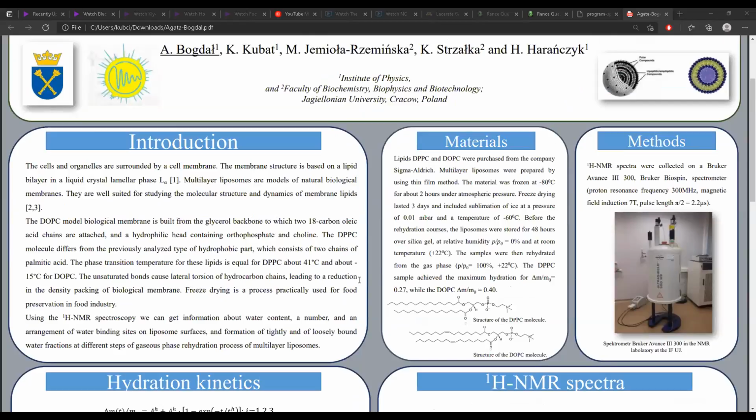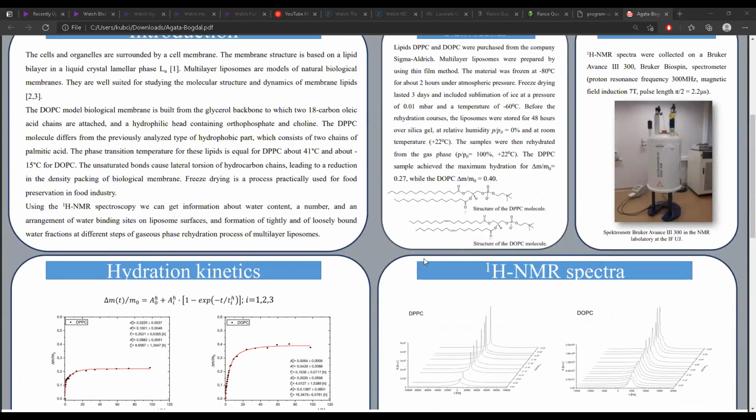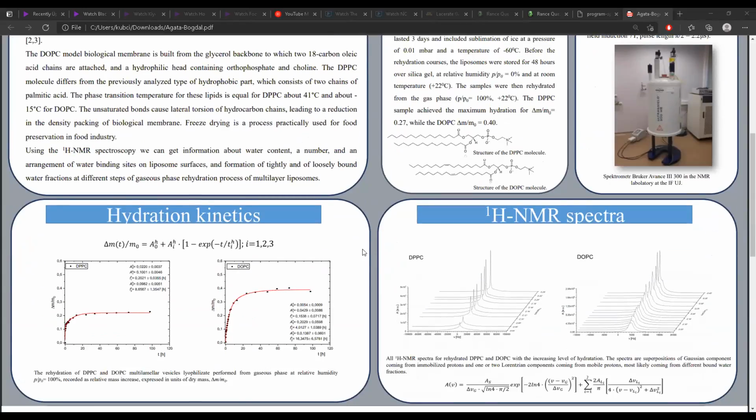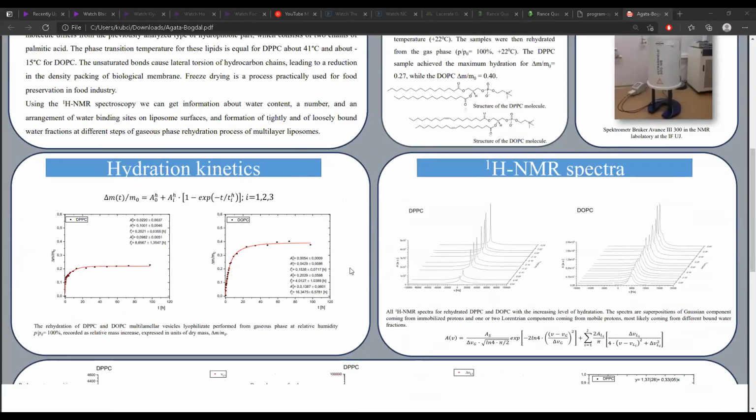phospholipids and liposomes that are first freeze-dried, or lyophilizates, and after that they are put in desiccators with a relative humidity of 100%.